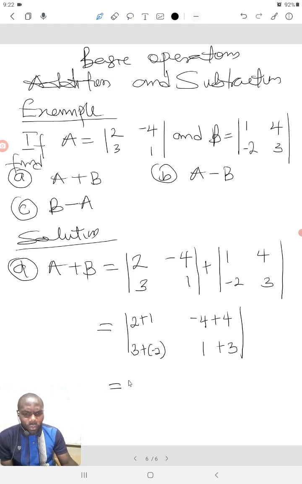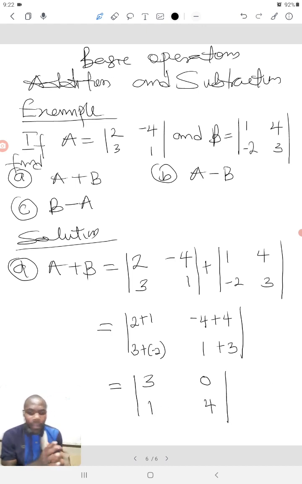So we should now have 3, 0, 1, 4. That is how simple it is to add in matrix.